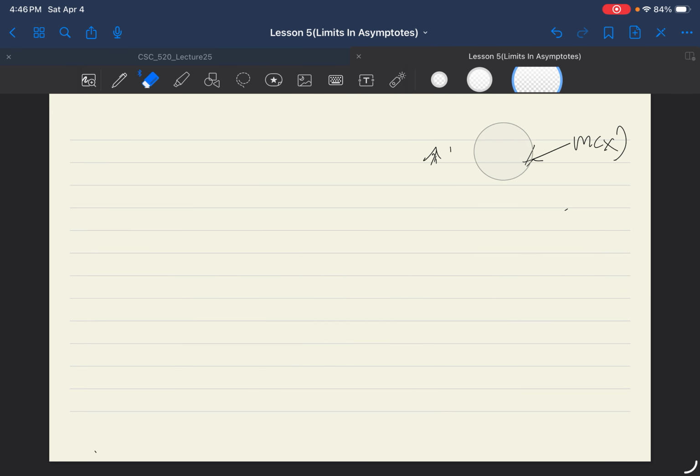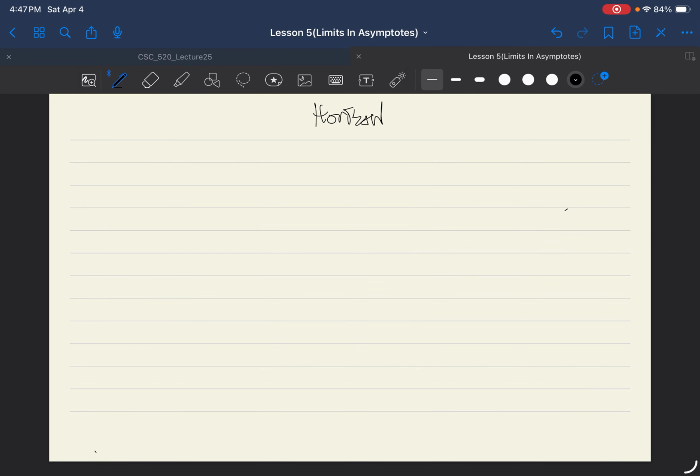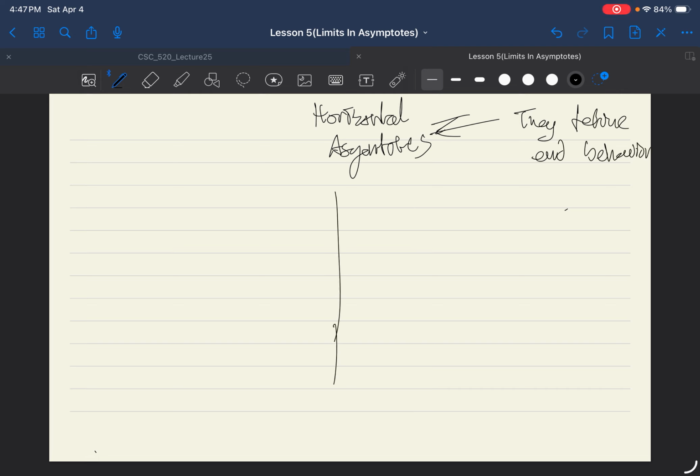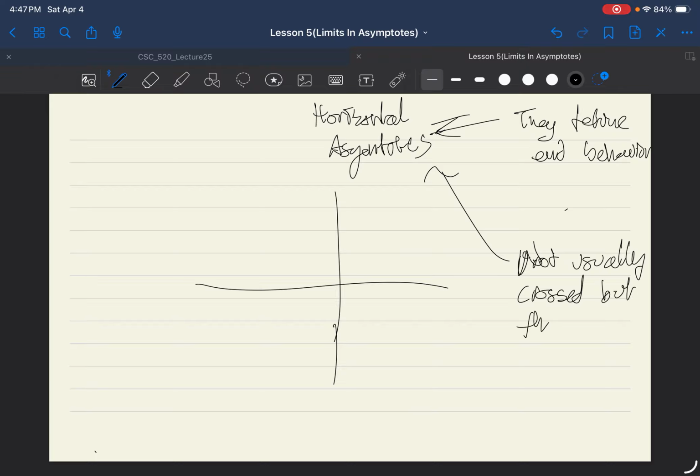So now we have to explain horizontal asymptotes. As we've defined before, they define the end behavior. While not usually being crossed, they can be crossed.